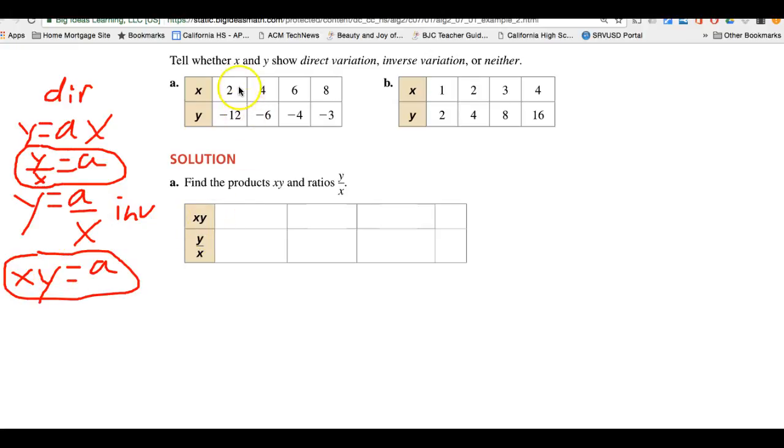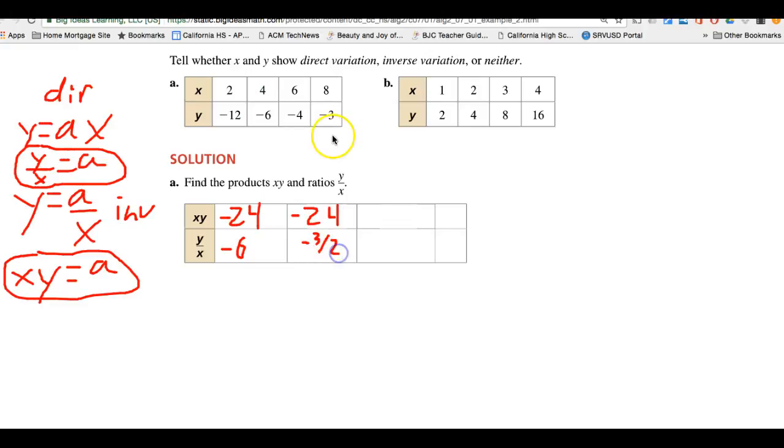So let's take each of these points. For 2, negative 12, we take 2 times negative 12, the product is negative 24, and y over x, negative 12 over 2, is negative 6. The second one, 4, negative 6: the product is negative 24, and y over x, negative 6 over 4, gives us negative 3 over 2.